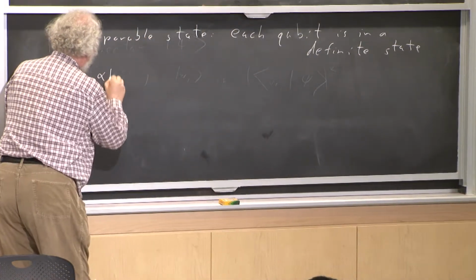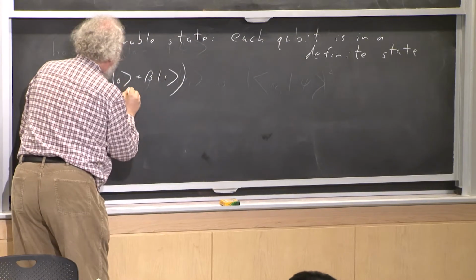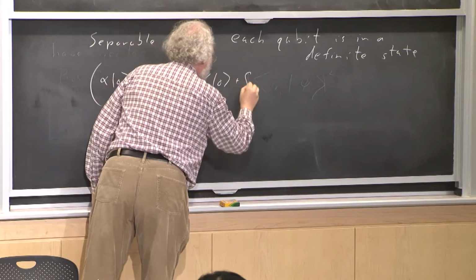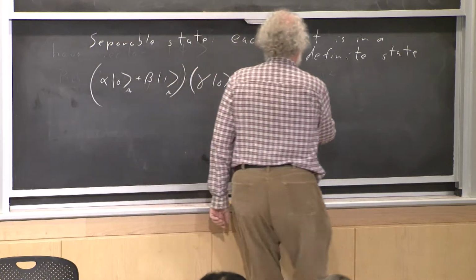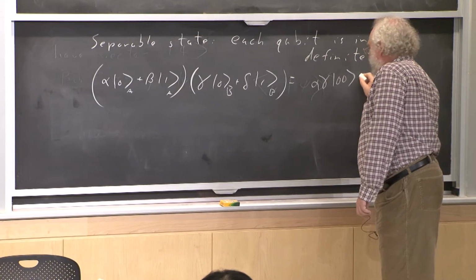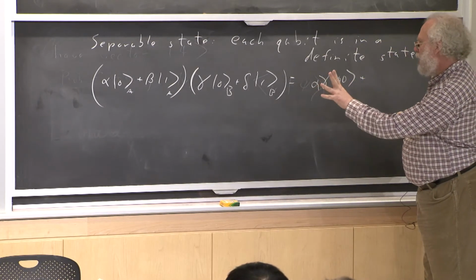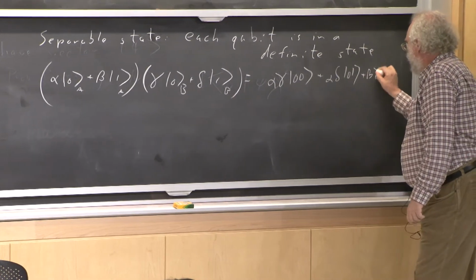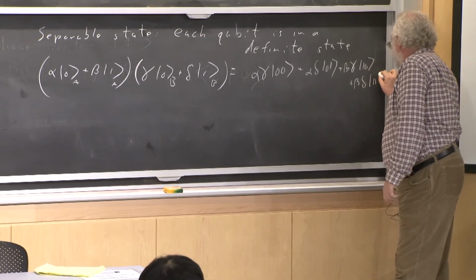So alpha 0 plus beta 1, let's call this qubit A, times gamma 0 plus delta 1, let's call this qubit B, is equal to alpha gamma 0 0 plus alpha delta 0 1 plus beta gamma 1 0 plus beta delta 1 1.